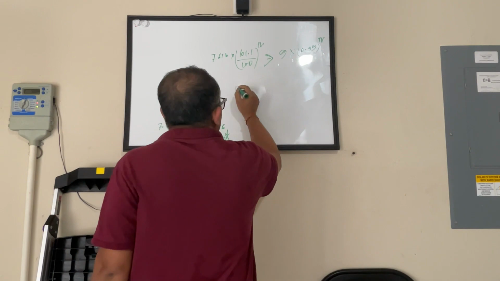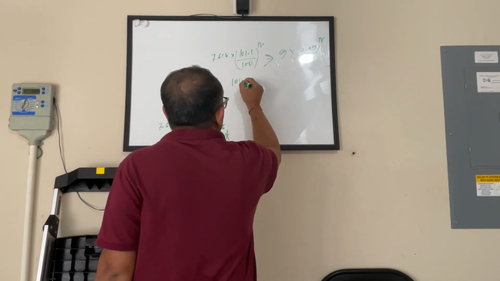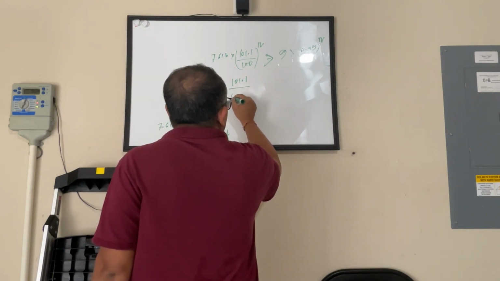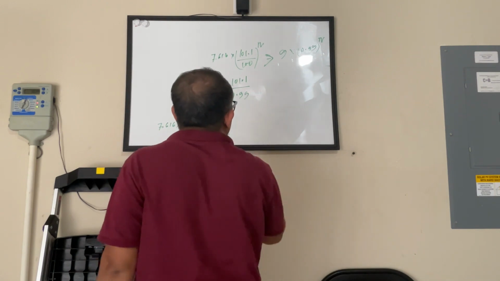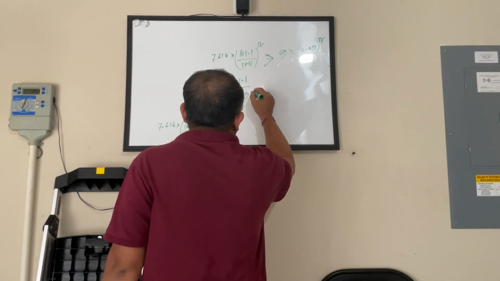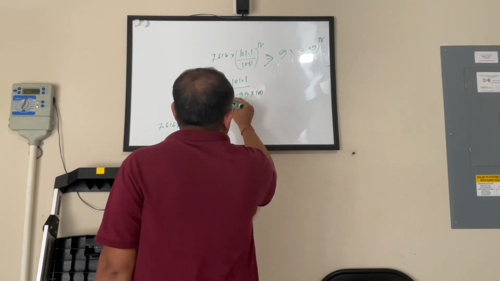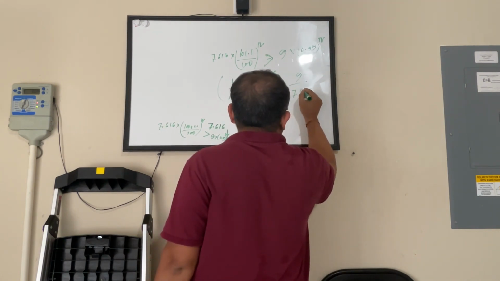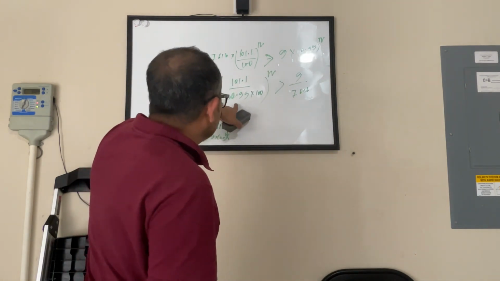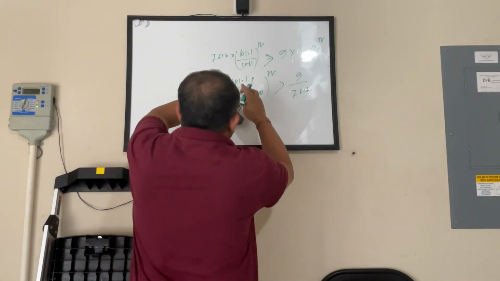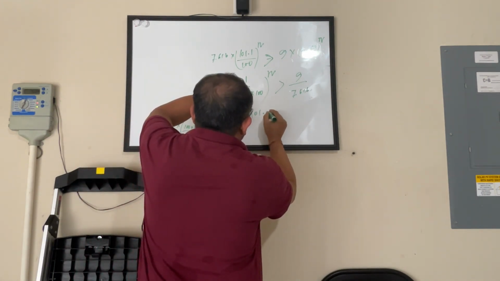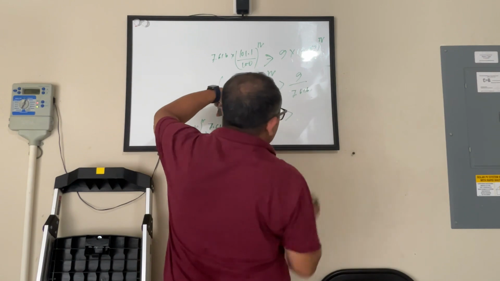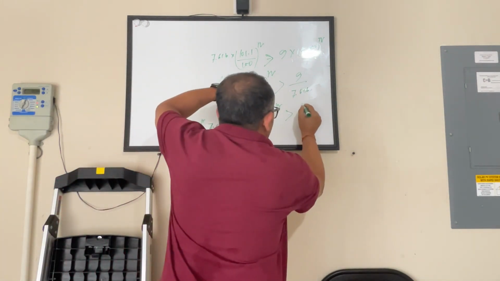So let's bring everything here one side. 101.1 by 0.99 into 100, or I'll take this out, to the power n is greater than 9 by 7.616. So this is 101.1 by 99 to the power n is greater than 9 by 7.616. This is what we have to solve it for.